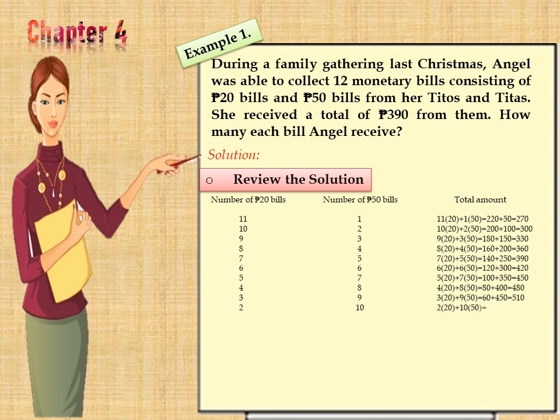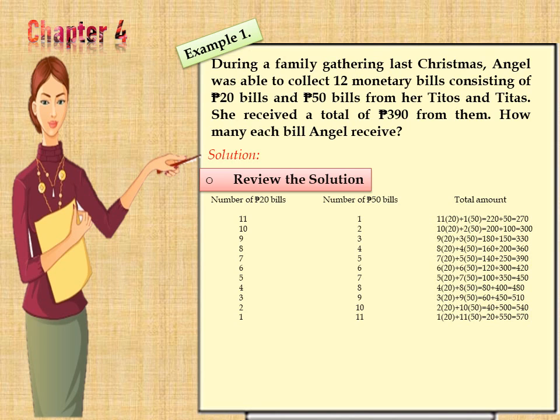Next, we have 2 20 peso bills and 10 50 peso bills. So the total amount would be 2 times 20 plus 10 times 50, which equals 40 plus 500. This will give us 540. The last one is 1 20 peso bill and 11 50 peso bills.